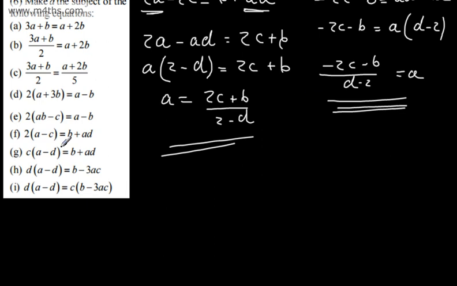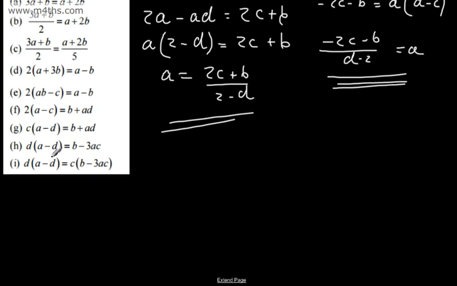Okay, right, let's look at this one just here. This now is c multiplied by a minus d is equal to b plus a multiplied by d. We want a as the subject. So expanding out, I could write this as ca or ac, minus cd is equal to b plus a multiplied by d. Again, I'm going to collect the terms with a on the left-hand side: ac minus ad.